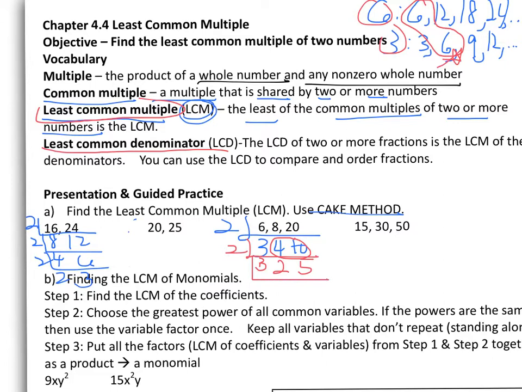We stop here because 3, 2, and 5 don't share any more common factors. So we need to multiply everything together. 2 times 2 times 3 times 2 times 5 gives you 120. Now, let's do the next one.